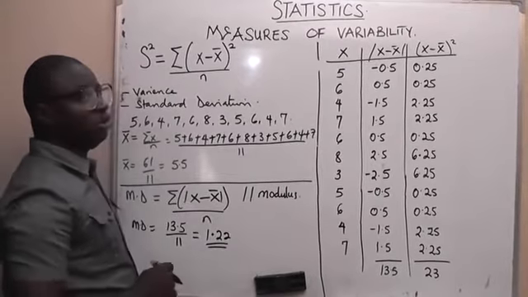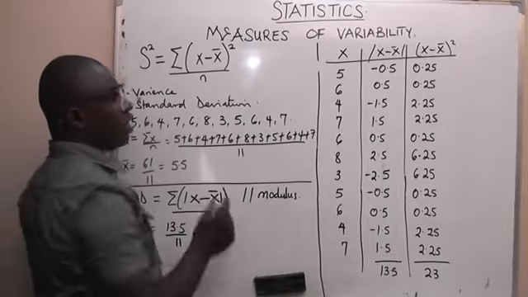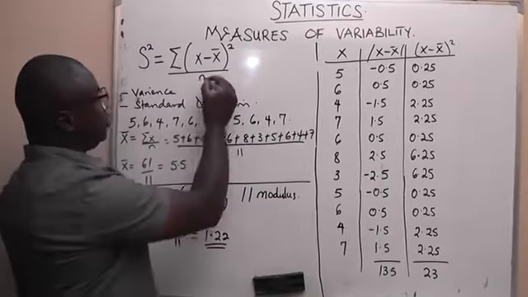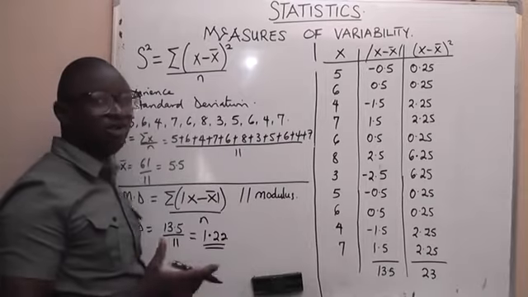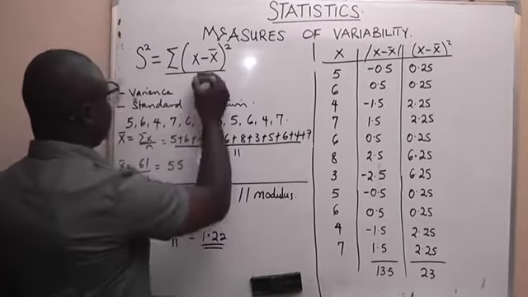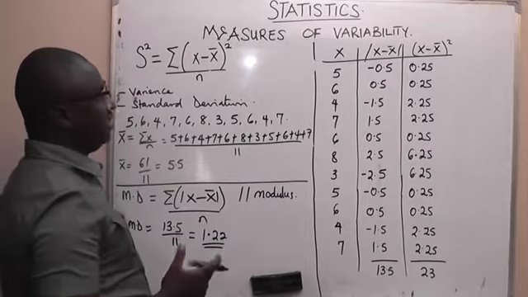Though some authors still believe that there is a minus 1, anyhow you do it, even if you put a minus 1 here, the difference is not going to be significant. Okay, so that is the formula for variance.